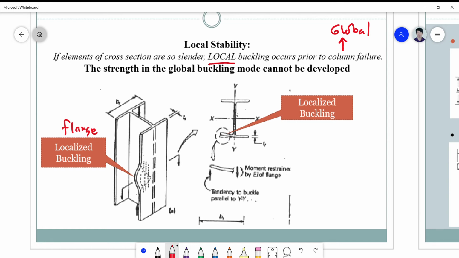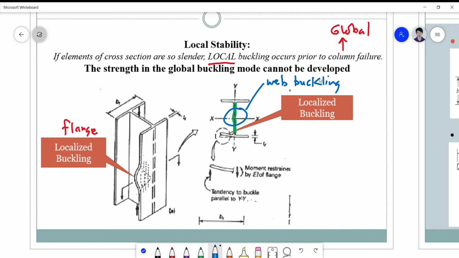Also the web can buckle, so it's just difficult to draw it here. So maybe we can simply assume that this may actually buckle in this form, such that this part here constitutes what you call a web buckling failure.